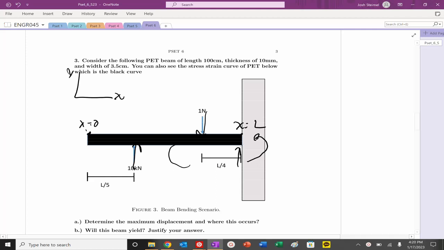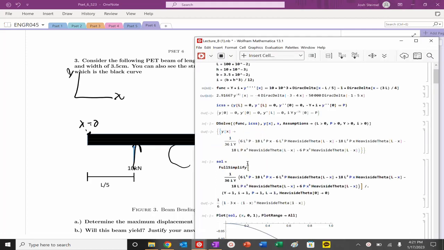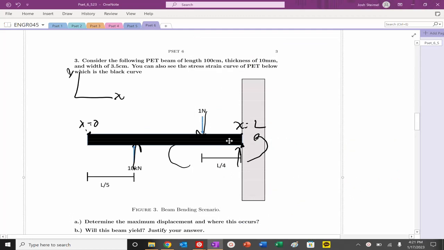Let's do the sum of the moments around this origin here. So there will be that restoring moment there. When we calculate that, I'm going to have a moment around here. If we're pushing there, this is going to be clockwise.